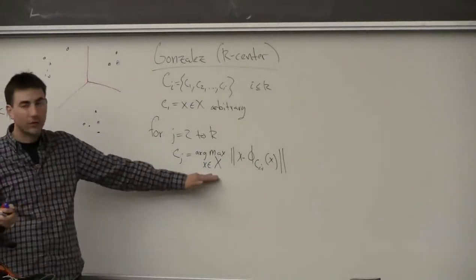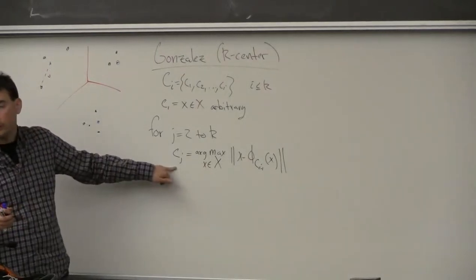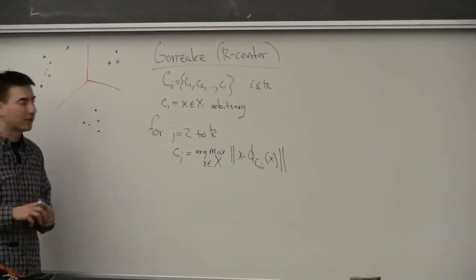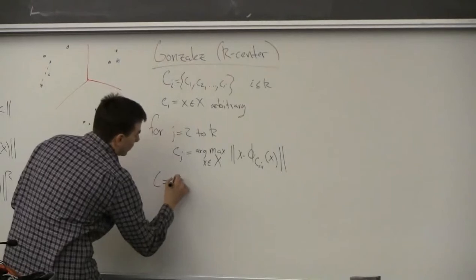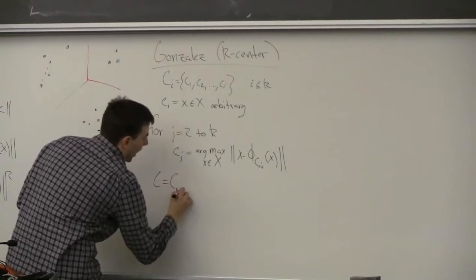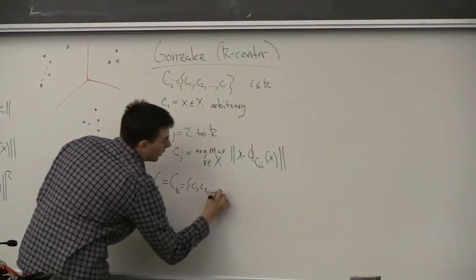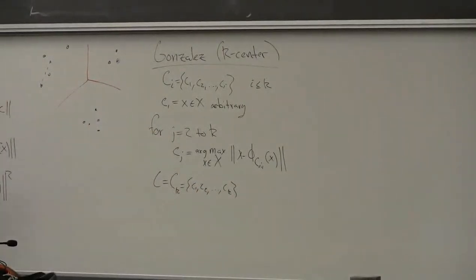We find the one that's the furthest away, and that's our new center. We do this K-1 times, and that's it. Then we set C equal to C1, C2, up to CK. So this is the whole algorithm.